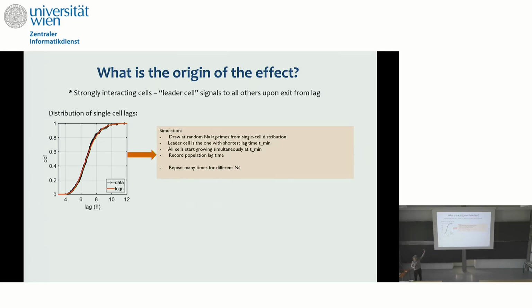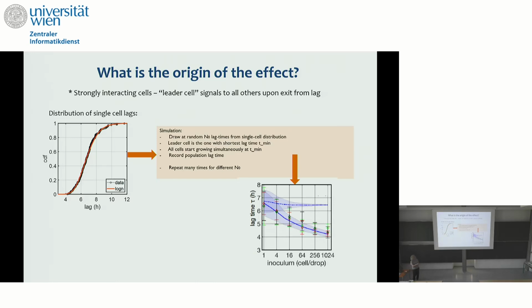Again, I start from the single cell distribution of lag times. I simulate 300 droplets that start with the same number. And among this number, I always choose the smallest lag time in the sample, and everybody starts to grow at that time, right?